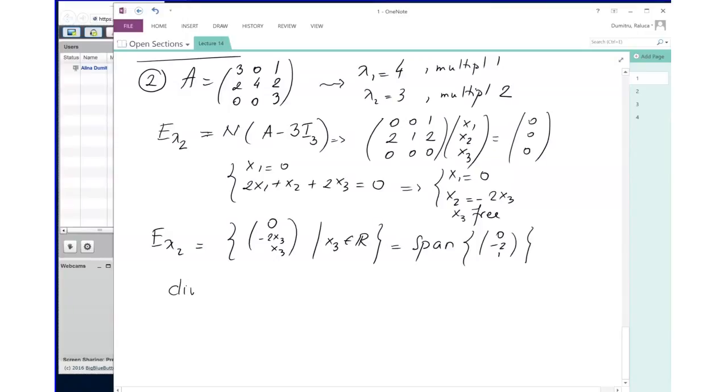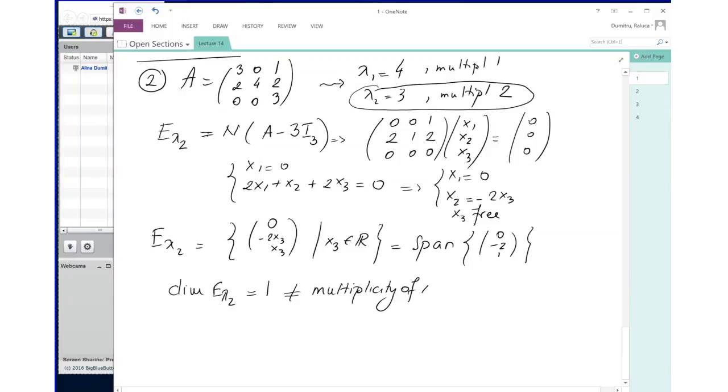So it has dimension 1. However, it corresponds to an eigenvalue that had multiplicity 2, so we should have been able to choose two vectors out of this space, and that is not possible. In conclusion, this matrix is not diagonalizable.